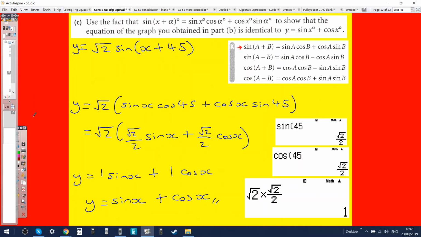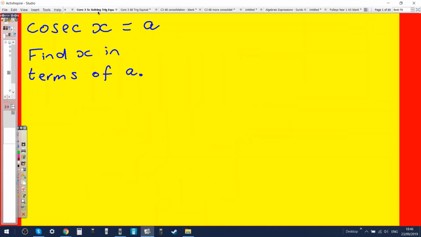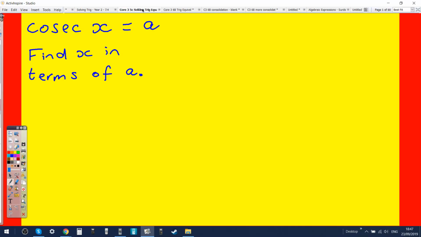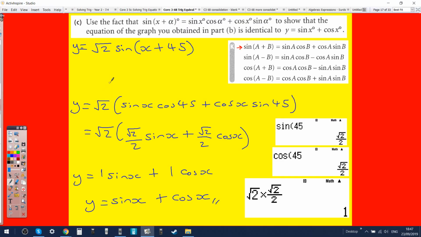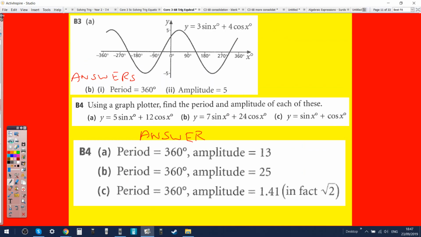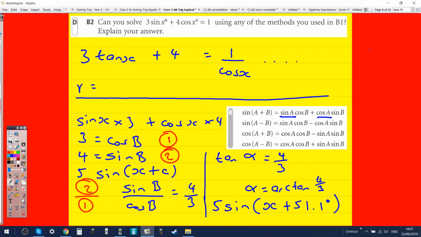Using the method of dividing through by cos. Dividing through by cos worked when it was equal to 0, because 0 divided by cos x, nothing happens. Whereas if you divide a number by cos, then you get a mixture of tan and cos.